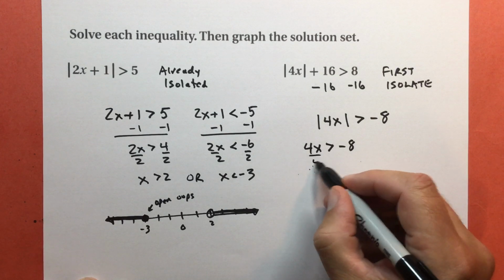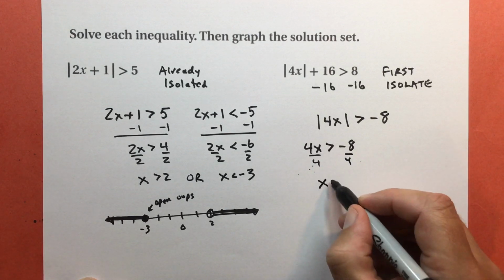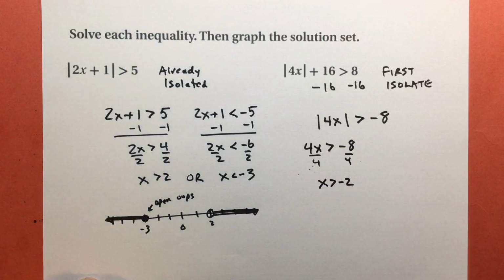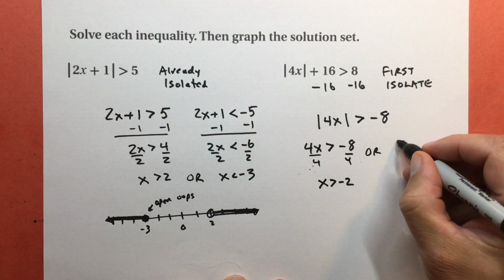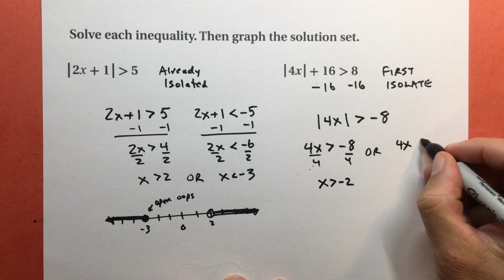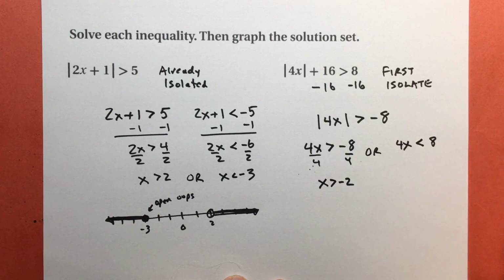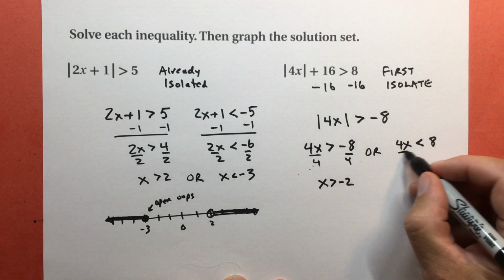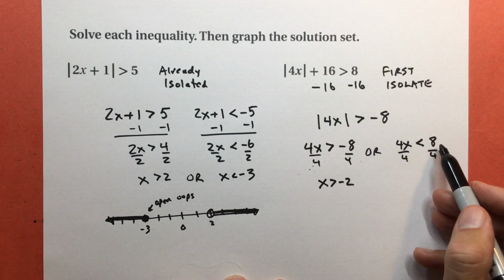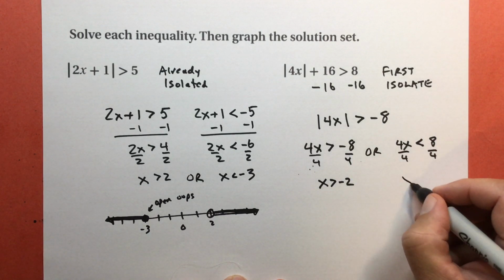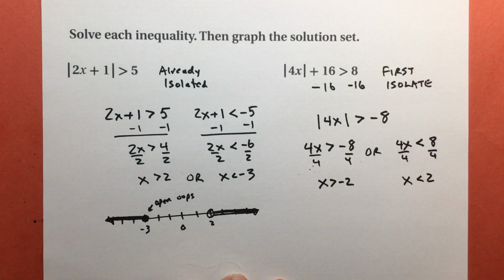Divide both sides by 4, and I get x is greater than negative 2. Or I could say 4x is less than positive 8. Divide both sides by 4, because remember I switched the sign and I switched the negative to a positive. And I get x is less than 2.